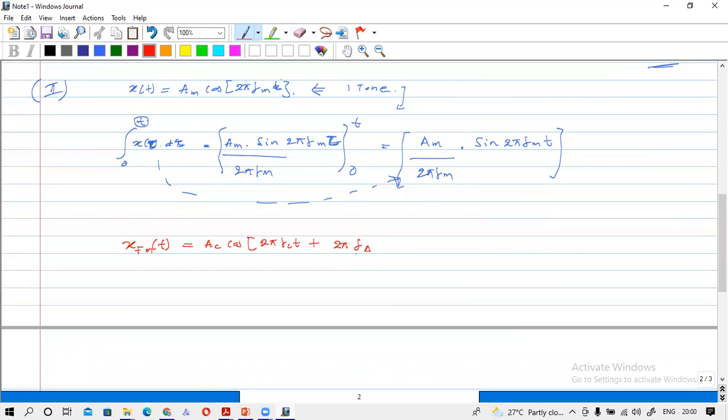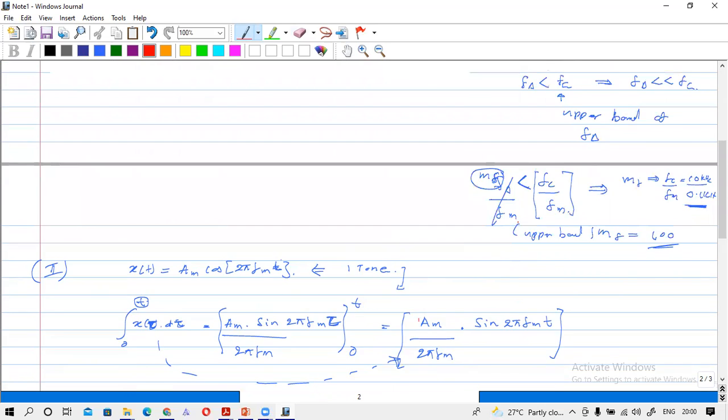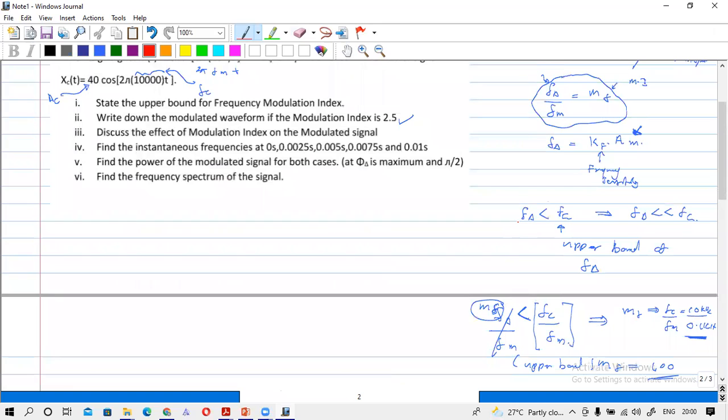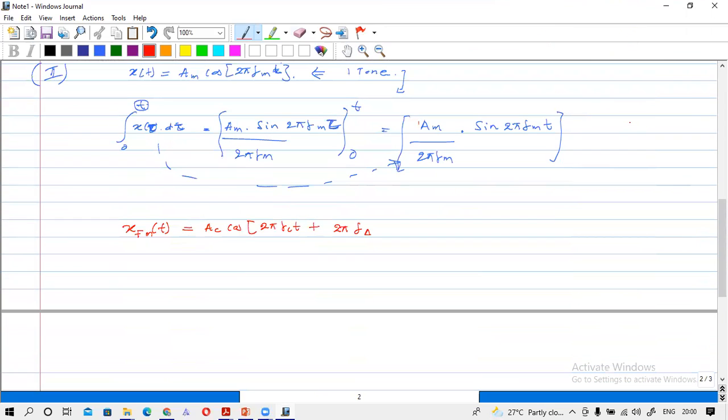We know that within this deviation, the AM value is already there. This is the frequency deviation, and the AM value is already there. So we have to write the normalized signal.